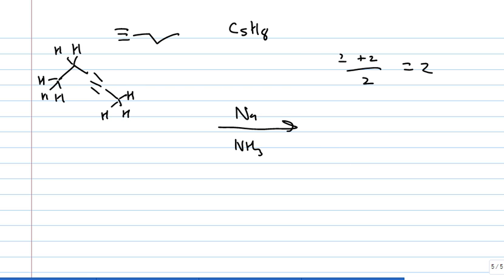So there's 3 ways to hydrogenate. There's using Lindlar's catalyst, which stops at the alkene cis. There's this, which stops at the alkene trans. Or using hydrogen and some sort of metal catalyst, which goes all the way down to the alkane. Okay. So let's do this one though.